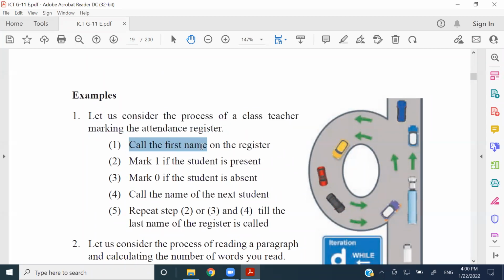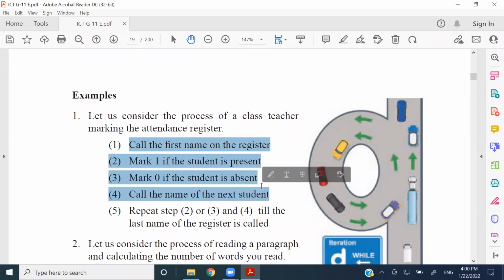Call the first name on the register, mark 1 if the student is present, mark 0 if the student is absent, call the name of the next student. So if there are 40 students, these 4 steps are to be done 40 times. Right? So some instruction happens again and again, according to a condition.